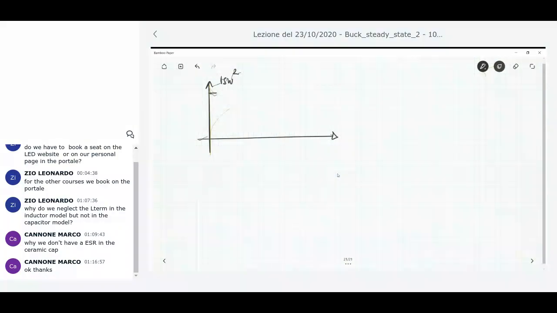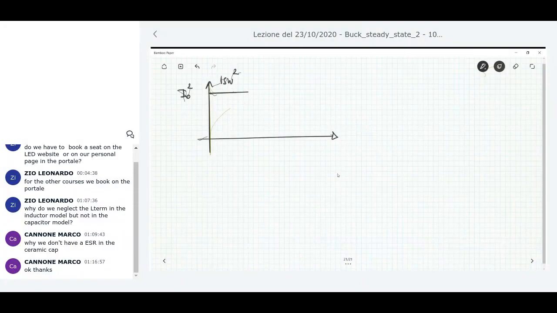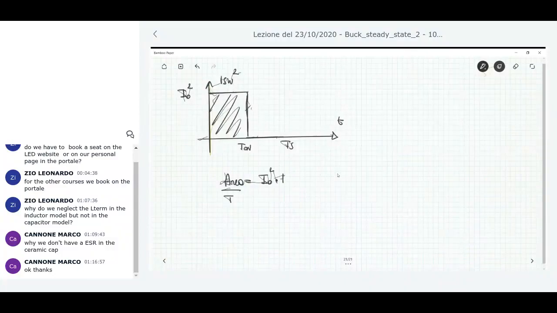So we have a rectangle, which means that we have I naught square and then 0 otherwise. Then I have to consider the area. Remember the same steps we did for the parabolic triangle area. The area is I naught square multiplied by the duty cycle, the area over TS.